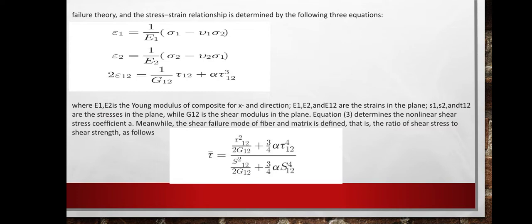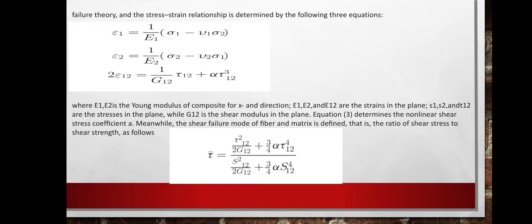Epsilon 1 is equal to 1 by E1 into sigma 1 minus U1 sigma 2. Epsilon 2 is equal to 1 by Young's modulus E2 into sigma 2 minus U2 sigma 1. 2 epsilon 12 is equal to 1 by G12 tau 12 plus alpha tau cube 12, where E1 and E2 are the Young's modulus of composite for x and y direction. Epsilon 1, epsilon 2 and epsilon 12 are the strain in the plane.